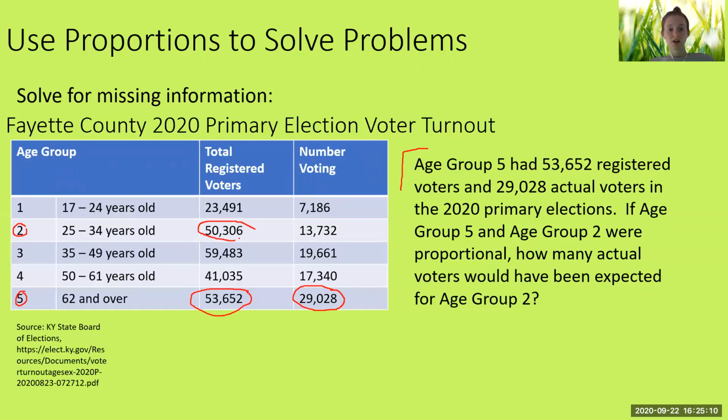So we know how many registered voters there are. We are saying if those 2 age groups were proportional, how many actual voters would we have expected if these people who are between 25 and 34 years old came out to vote at the same rate as people who are 62 and over?